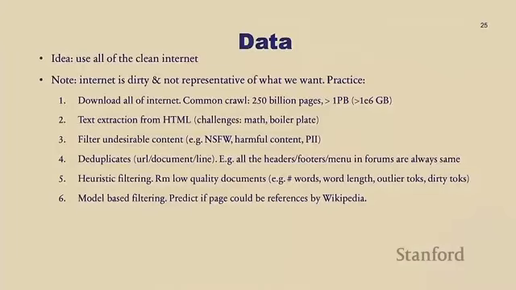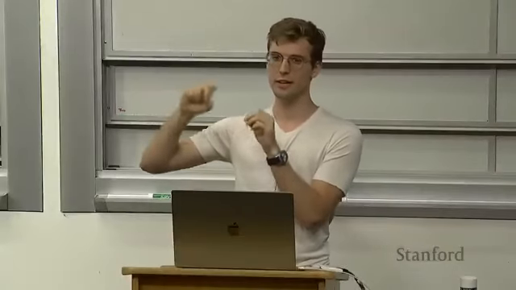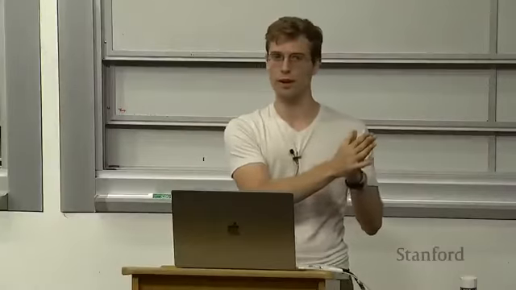Next step, model-based filtering. So once you've filtered a lot of data, what you will do, and that's actually a very cute trick, is take all of Wikipedia and look at all the links that are linked through Wikipedia pages. Because if something is referenced by Wikipedia, it's probably some high quality website. And you will train a classifier to predict whether a document comes from one of these references from Wikipedia or whether it's from the random web.